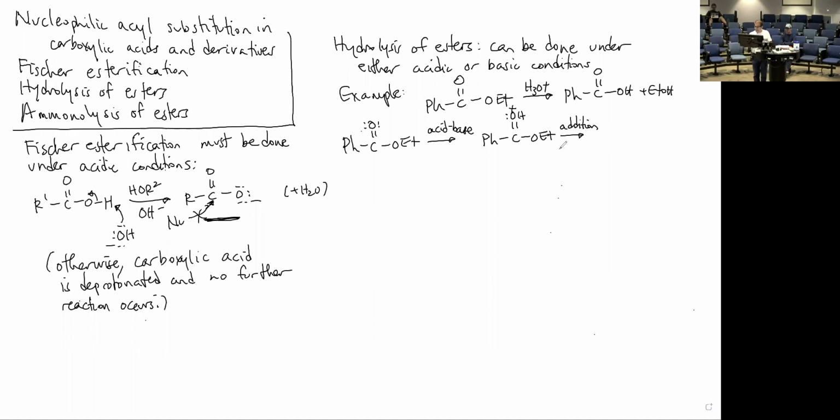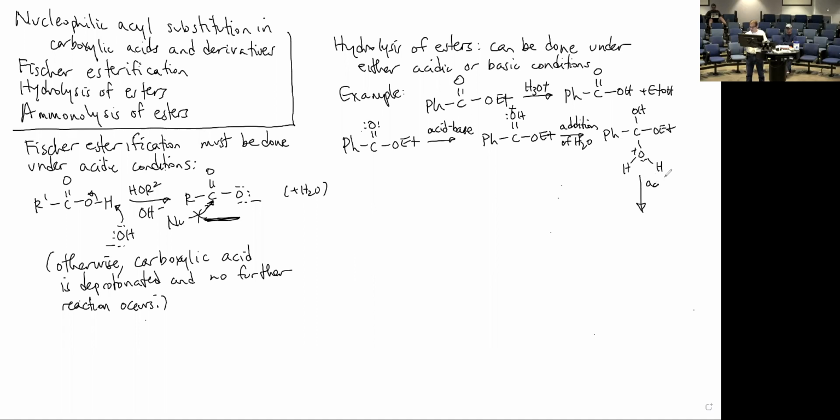And we're going to add a molecule of water, addition of H2O. And so we get an intermediate that looks like this, which you'll see already, we're kind of near the end of the Fischer esterification reaction, but it's the same thing except going in reverse.